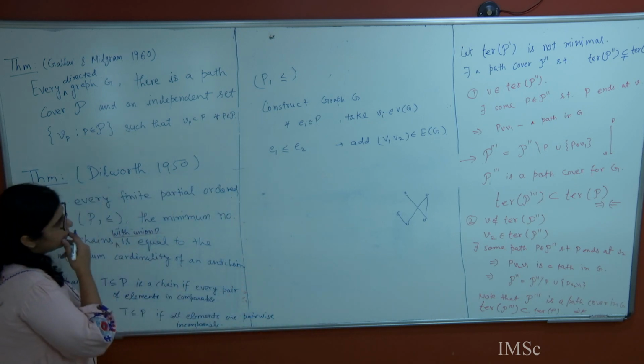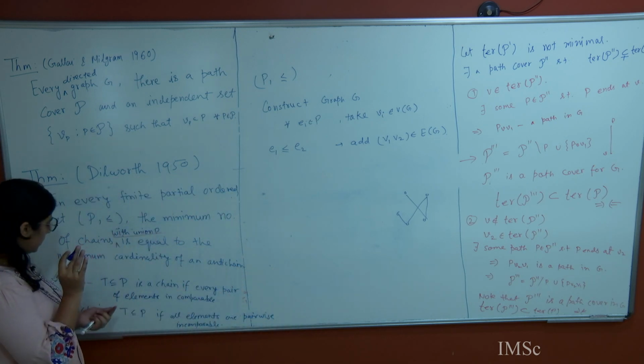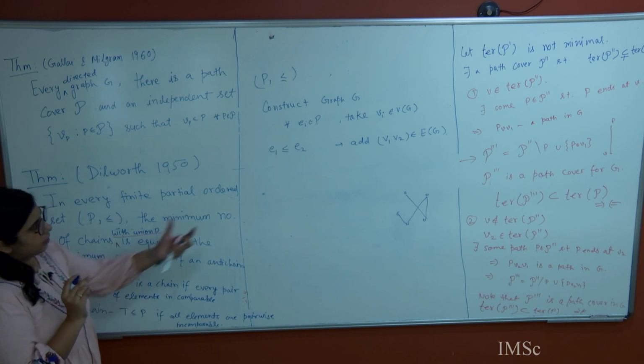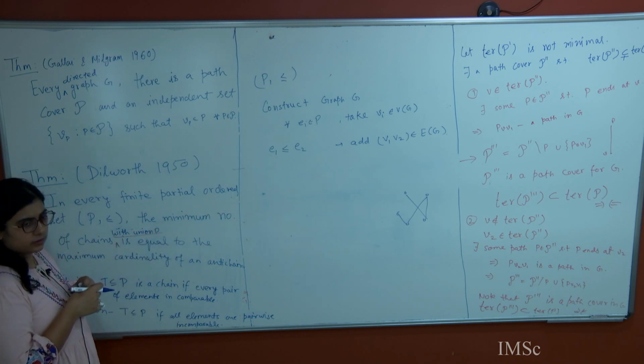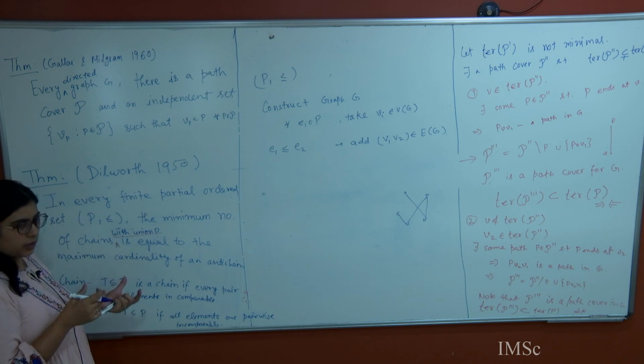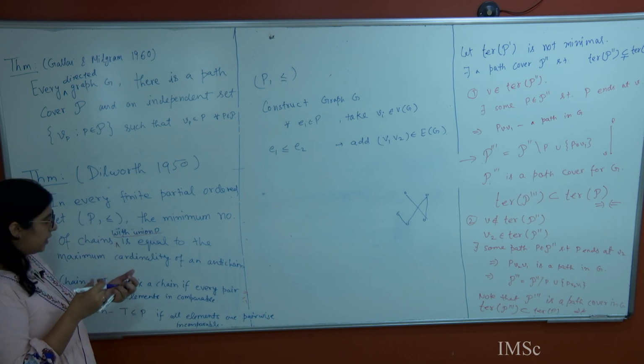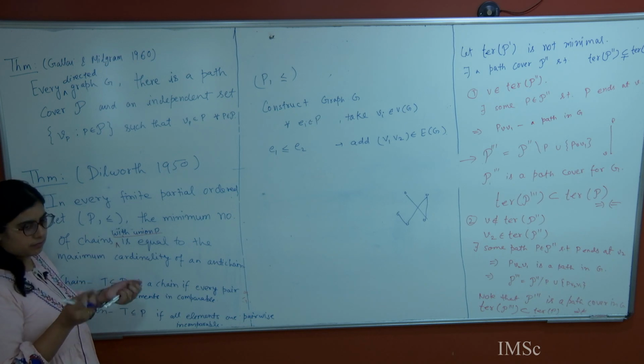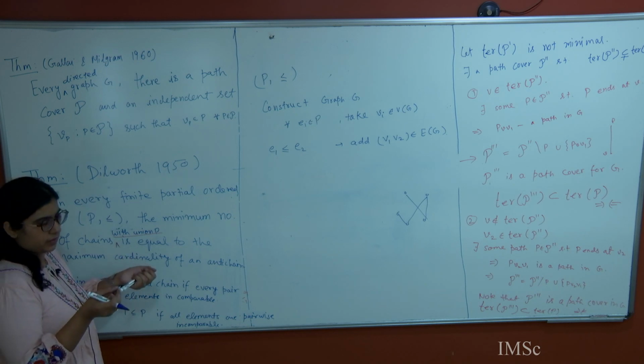Now, let us see how a chain looks in the graph. What is a chain? It is a subset of P such that all the elements are pairwise comparable. Every two elements we can compare.